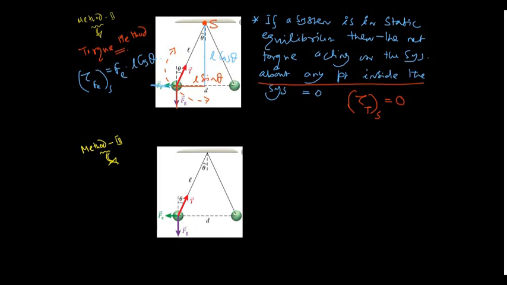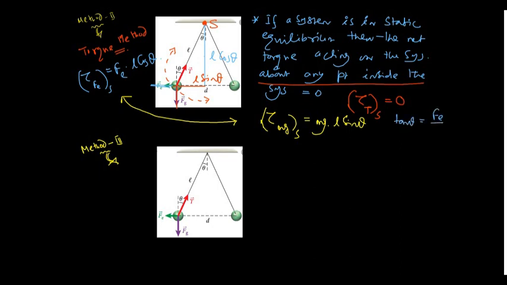So the torque due to mg about point S is mg into L sin theta. Now if you equate these two torques, as the net torque has to be 0, our result is tan theta is equal to Fe by mg. It is the same result that we got through method 1. Correct? So that is how we employ the torque method.